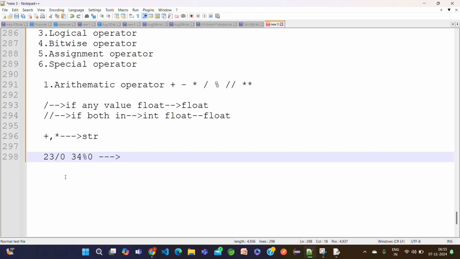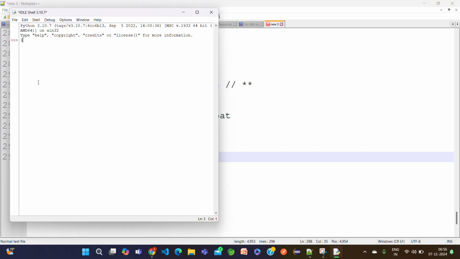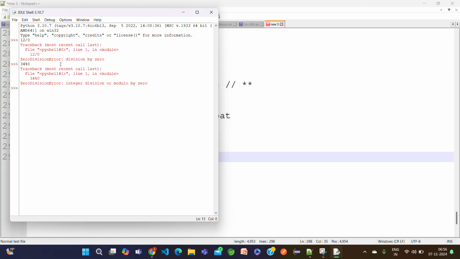We are not going to get an output; we get ZeroDivisionError in Python. In Java, division by 0 gives an ArithmeticException. So in Python, 12 by 0 gives ZeroDivisionError, division by zero, and 34 modulus 0 also gives ZeroDivisionError.